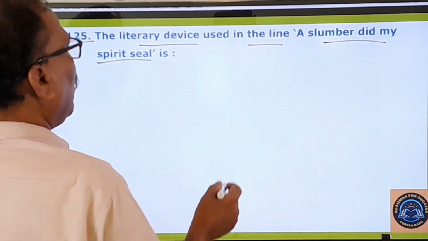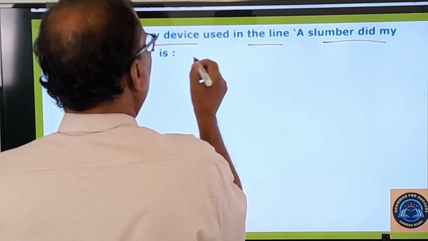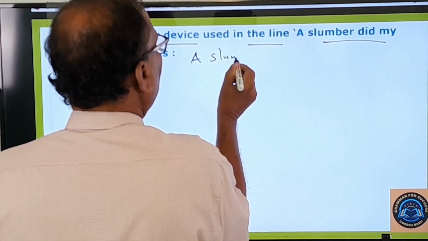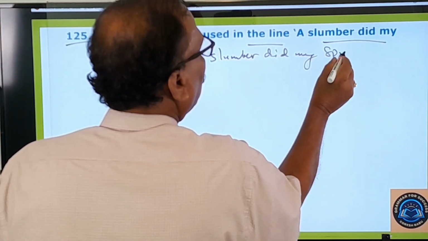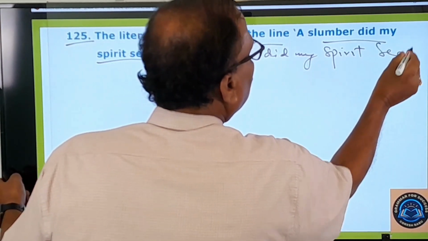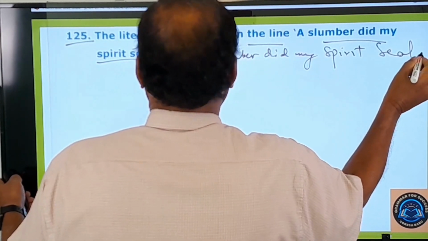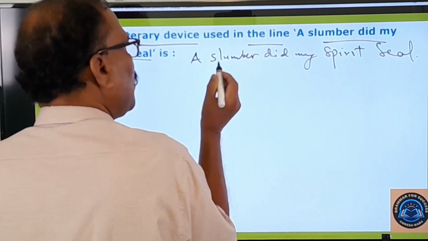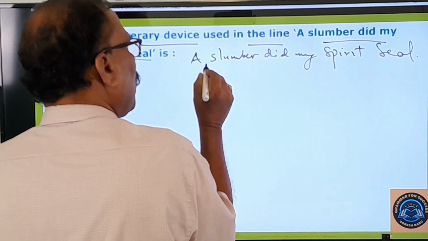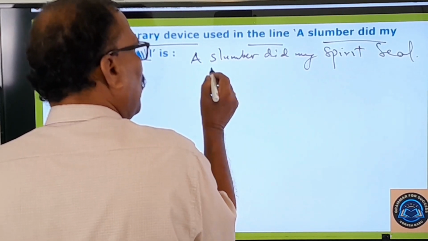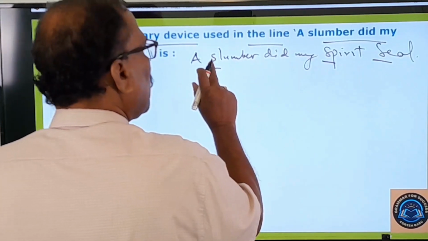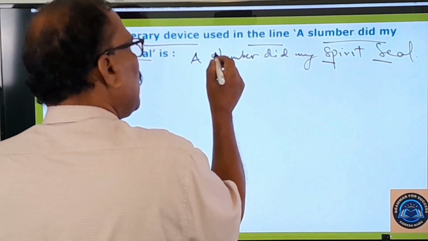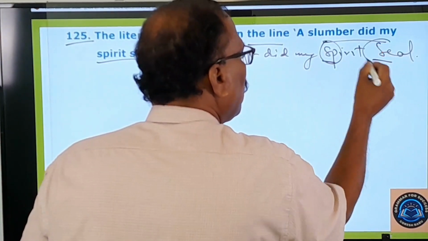Here, if you look at this, "a slumber did my spirit seal," this is the title. In this you can find two things, of course, but here in "slumber," "spirit," "seal," the consonantal sound is repeated.